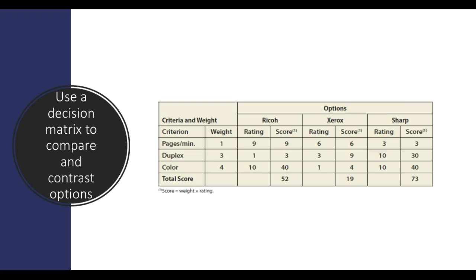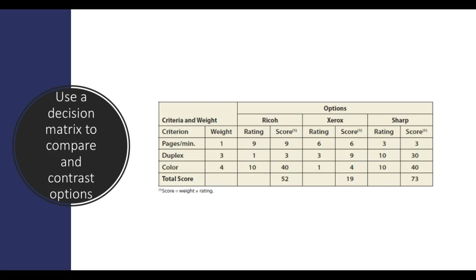Then we looked at the Sharp. The Sharp isn't very fast. We only gave it a rating of 3. And it does duplex quickly. It's good with duplex, so we gave that a 30. And its color is strong, so we gave that a 40. So it comes up with a score of 73.